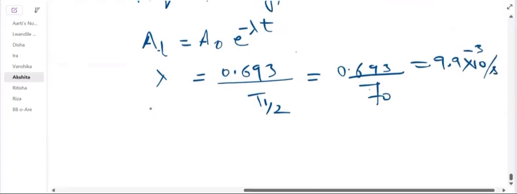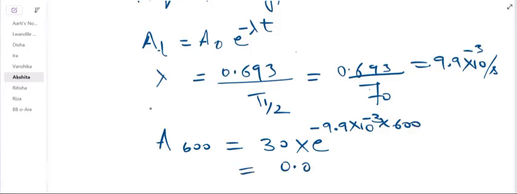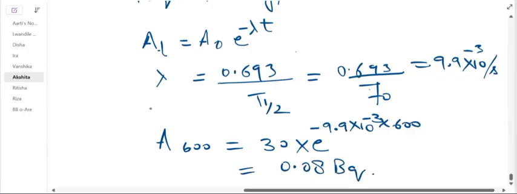Now let's find the activity after 600 seconds. So it will be 30 multiplied by e to the power minus 9.9 into 10 raised to minus 3 multiplied by 600. So it will be 0.08 Bq. Understood?